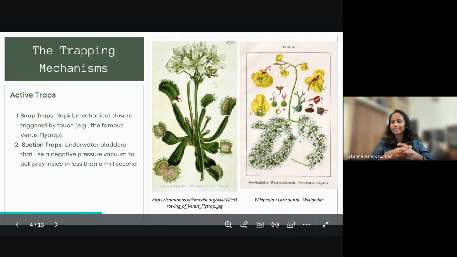Let's take the first example that I told you about, the Venus flytrap. It uses a snap trap mechanism. A snap trap is very rapid, and some kind of movement will initiate the trap to close.